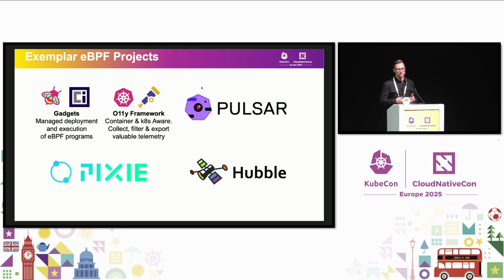They manage the deployment and execution, so you can run them across your cluster. There's a variety of out-of-the-box gadgets that you can use, so you can view network traffic, trace processes, all of that stuff. It really is a full observability framework. It's container and Kubernetes aware, and it provides rich filtering, collection, and the ability to export to other systems.